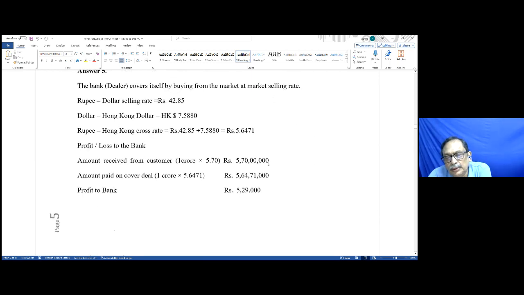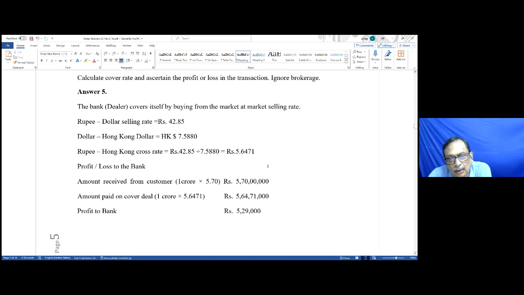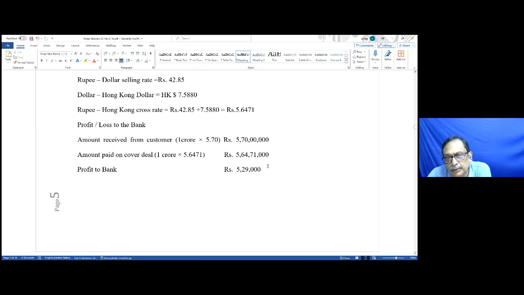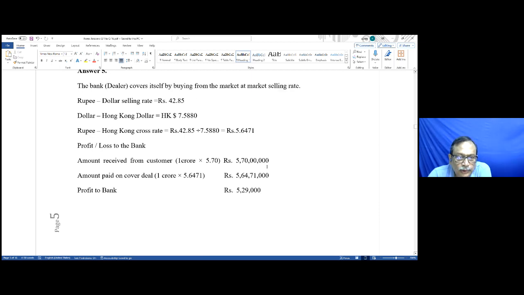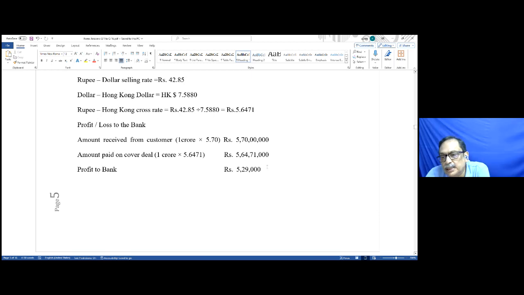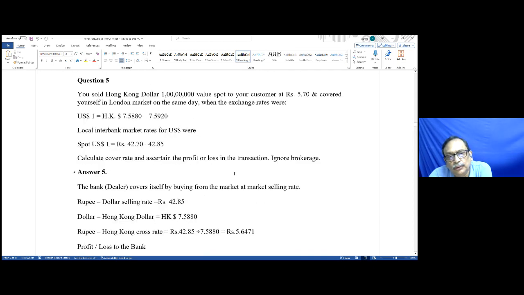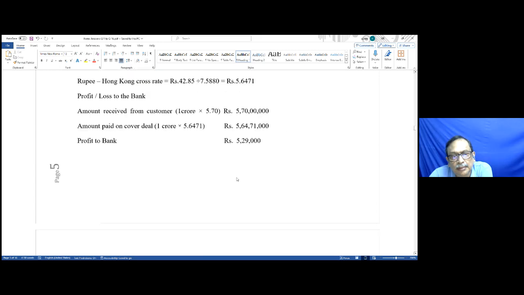It comes to 570,000,000. And amount paid on cover deal, 1 crore into 5.6471, it comes to 564,71,000. So profit to bank will be rupees 5,29,000. Okay, hope this is clear to everybody.